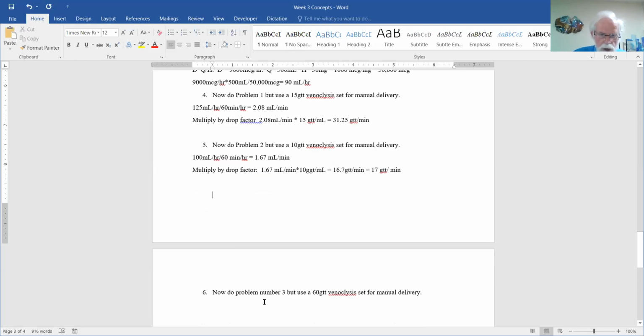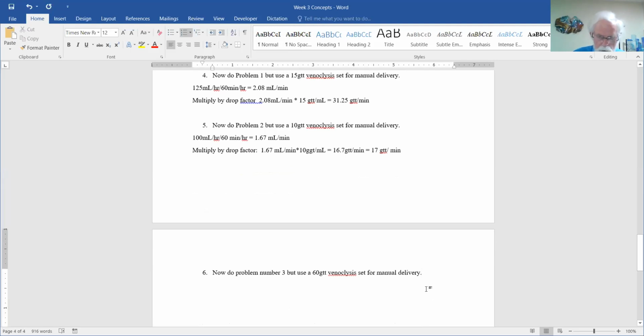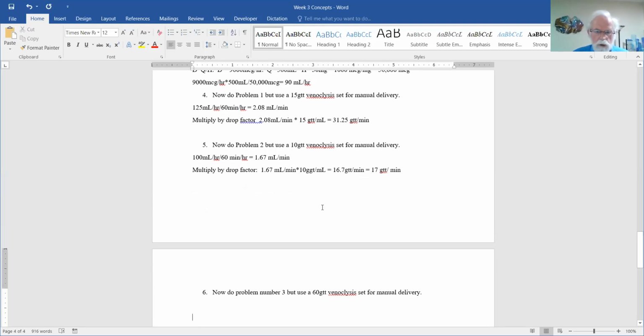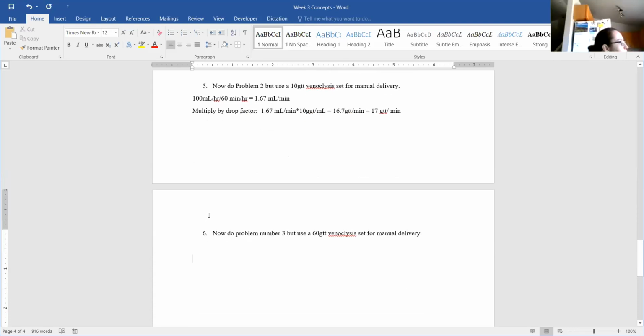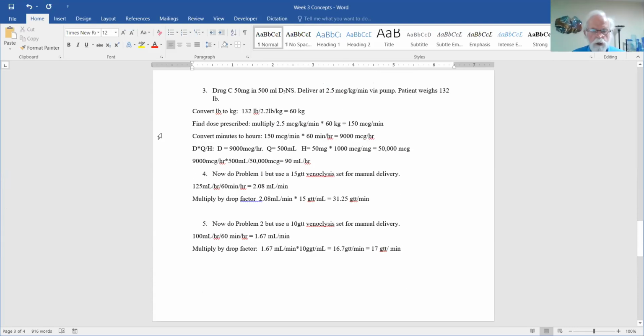So let's do that. We're going to do this problem now with a venoclysis set of 60. Let's see what we come up with. Now we already figured out the milligrams per minute, but we went to 90 milliliters per hour. So we're only concerned with the volume. That's why we're going to just start with this 90.